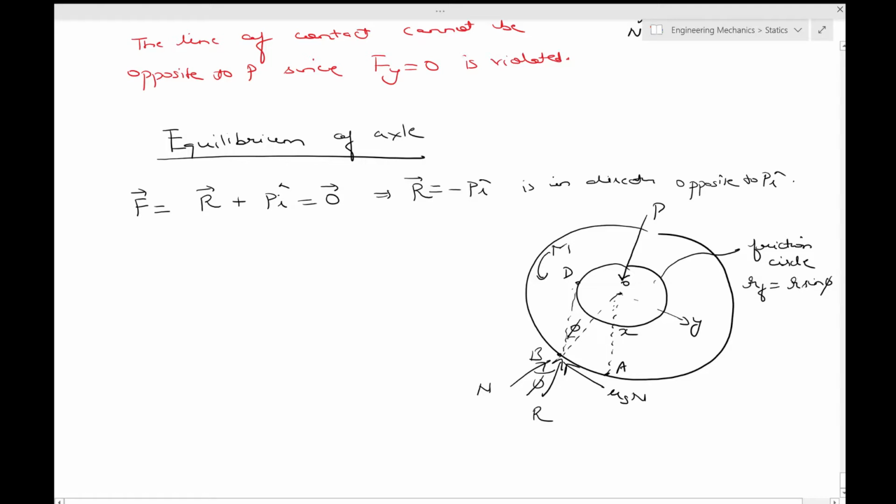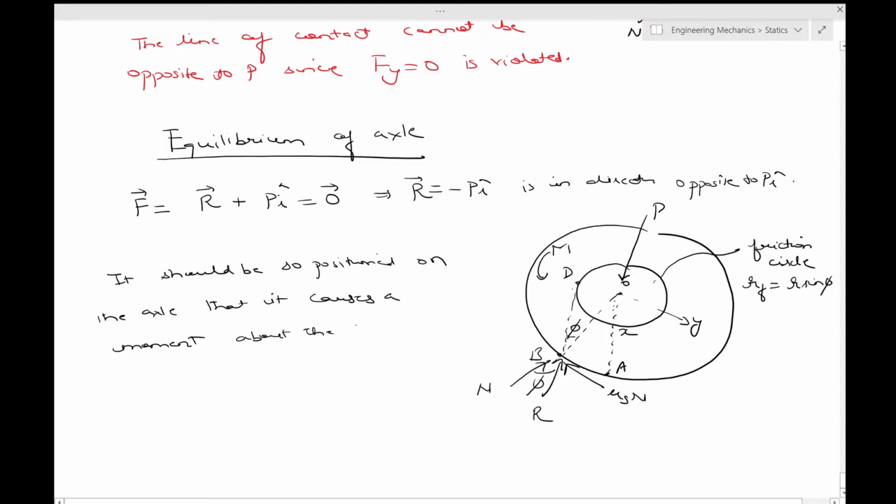Now let's try to see this. So F is equal to R plus P i hat is equal to 0, so that means R is in a direction opposite to P i hat. Now R should be so positioned on the axle that it causes a moment about the axis opposite to M k, so that the equation M_O equal to 0 is satisfied.